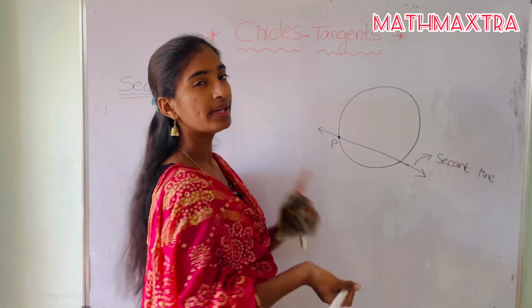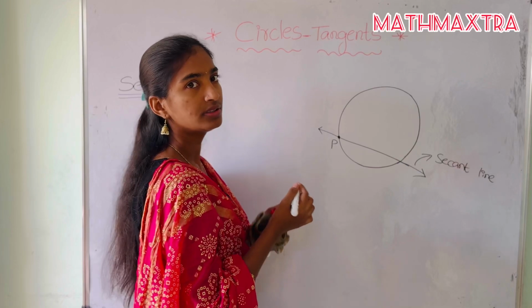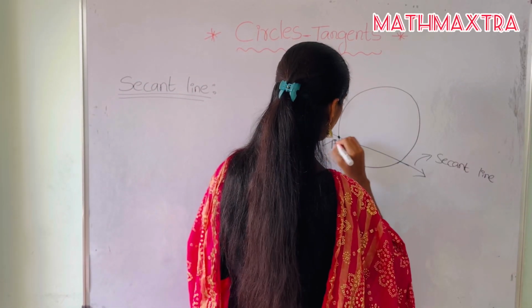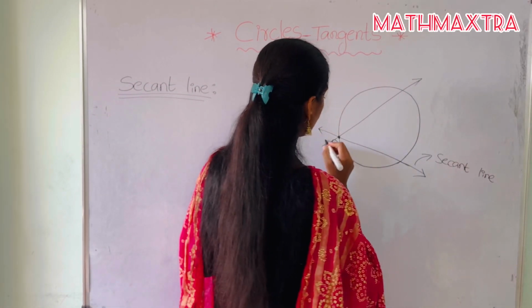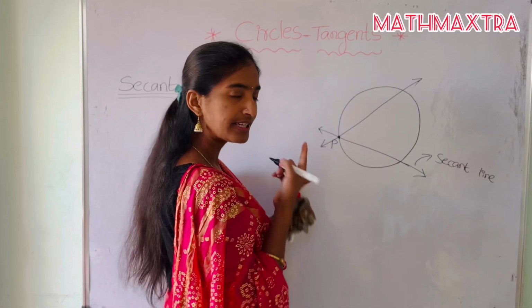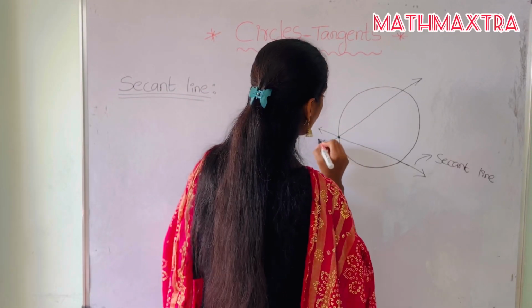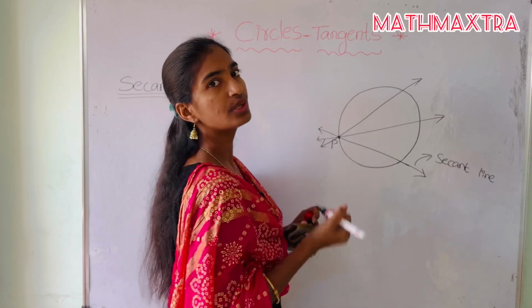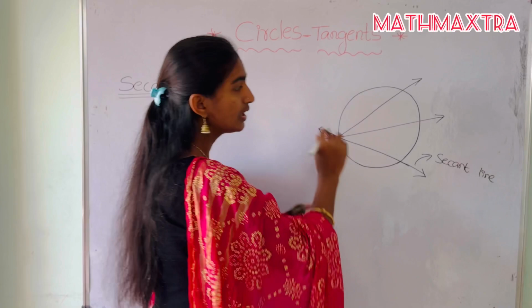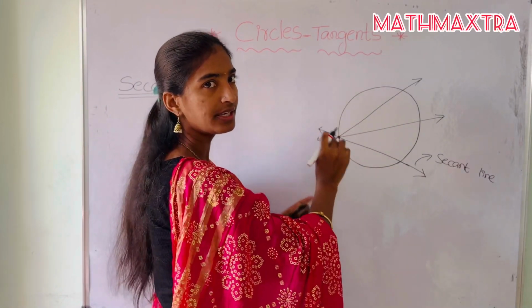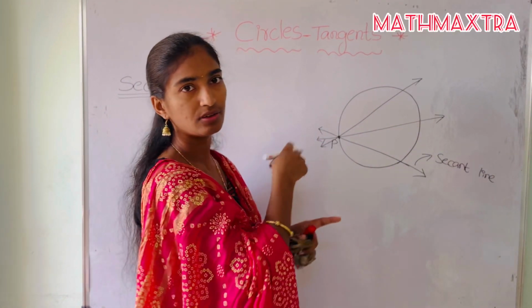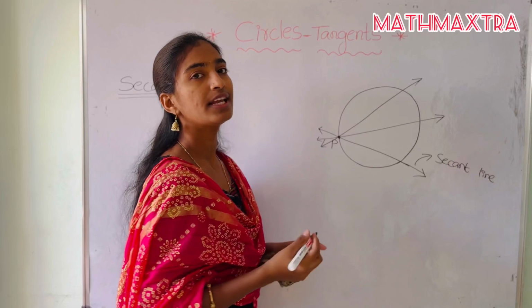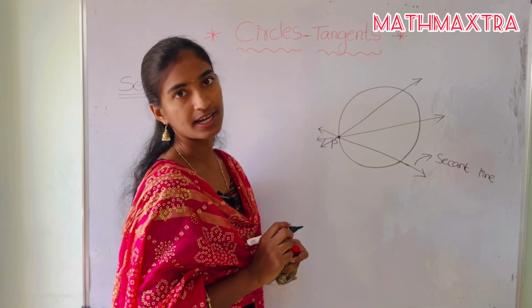Like this, how many secant lines can we draw? If I draw like this, isn't it a secant line? Yes, it is. And if you draw like this, this is also a secant line. Like this, if you keep on drawing secant lines through any point on a circle, you will get an infinite number of secant lines.